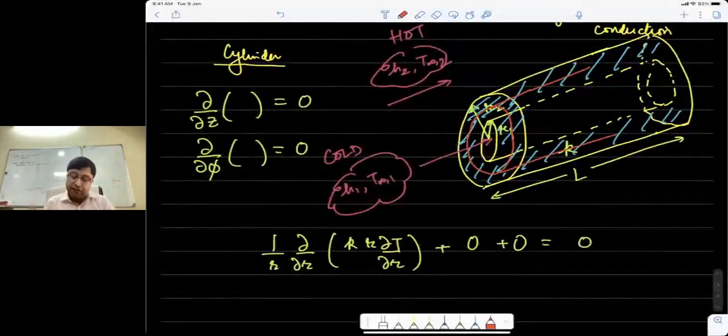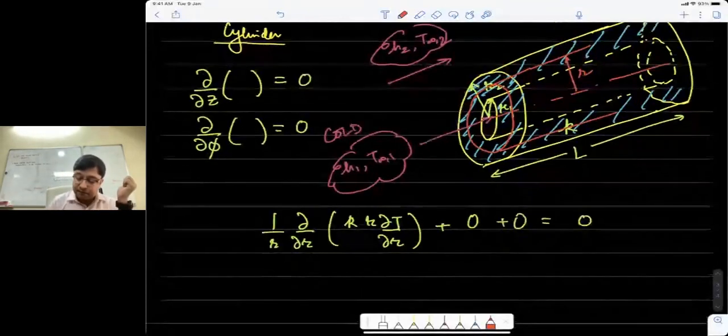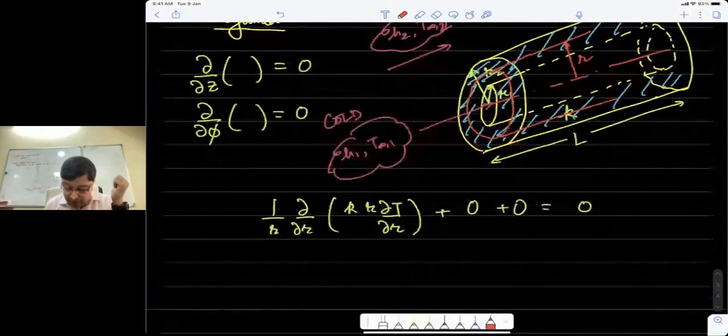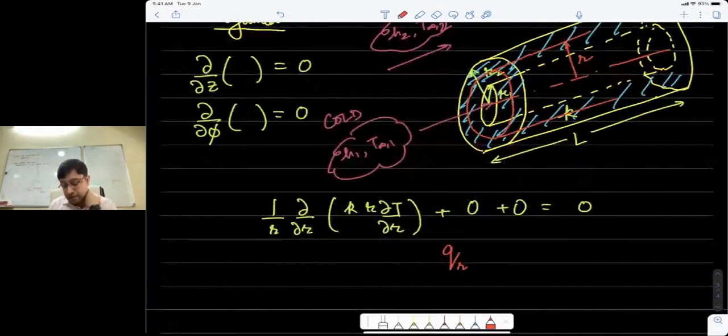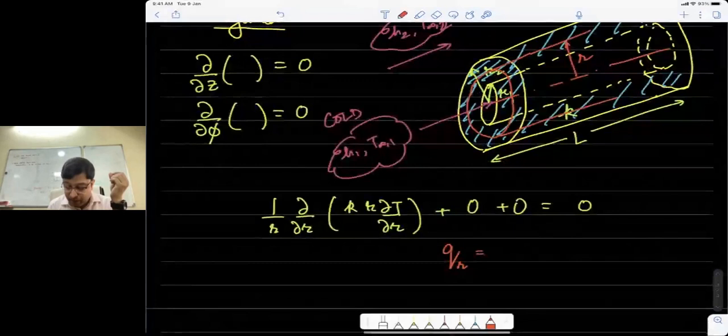Any such section which is at a distance r from the center. So this is distance r. What would be the rate of heat flow through that lateral area? That should be the flux times the area of that section.